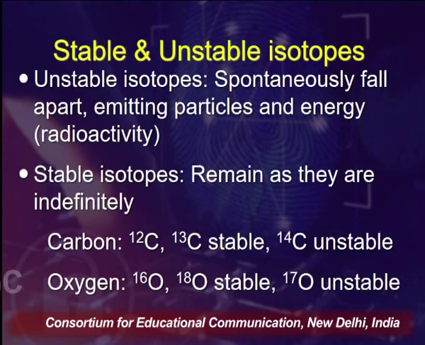They remain as they are indefinitely. For example, if a person has taken a particular diet, that will show in their body. Hence the saying that we are what we eat. The particular carbon and oxygen levels will be maintained in our body all along because these isotopes remain there indefinitely.